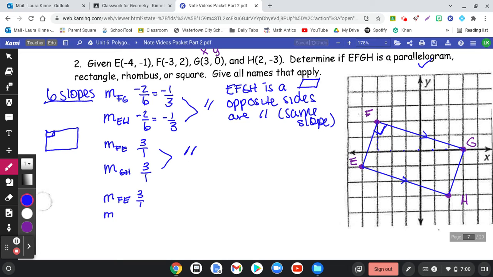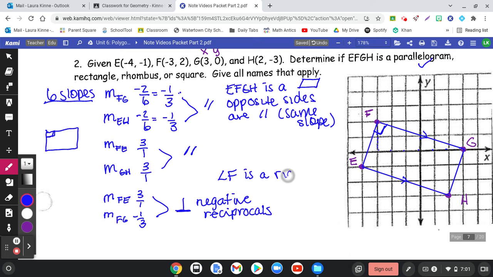And then the slope of FG, or any consecutive side, was, we did it up here, negative 1/3. Those are perpendicular, right? They're negative reciprocals. So that means that angle F is a right angle. So EFGH is a rectangle.